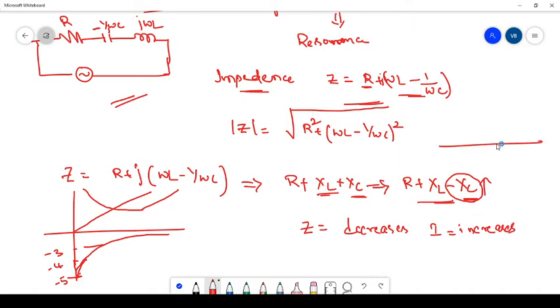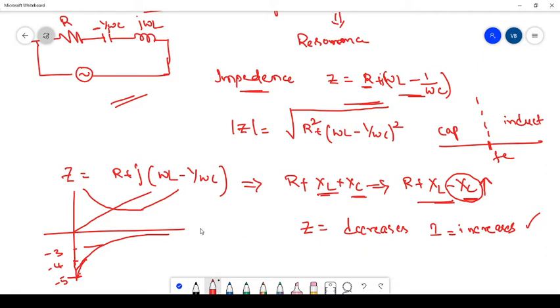Up to the cutoff frequency it is a capacitive function, and after the cutoff frequency it is an inductive function. So up to the cutoff frequency, the XC value increases, which means the negative part increases, so the Z value decreases, and according to that the current will increase.